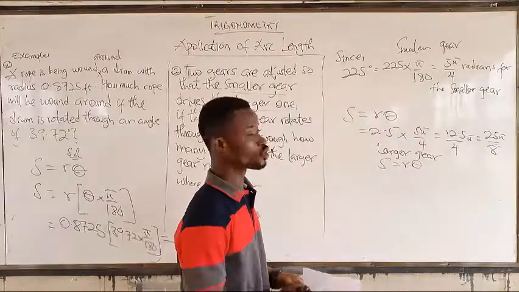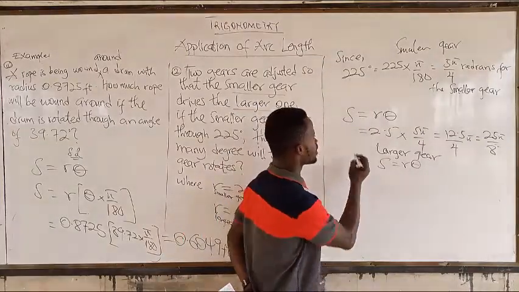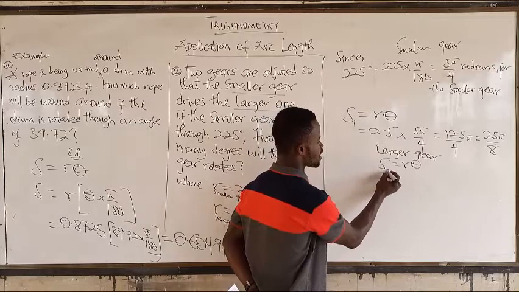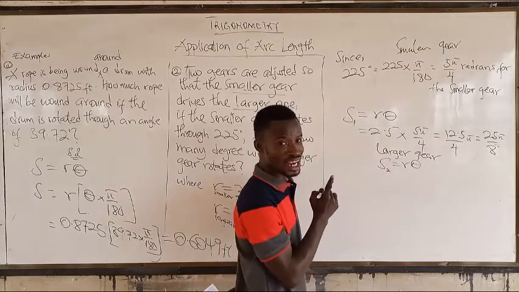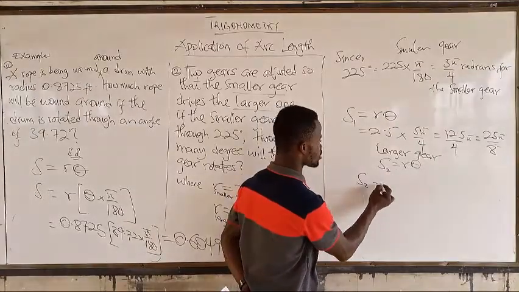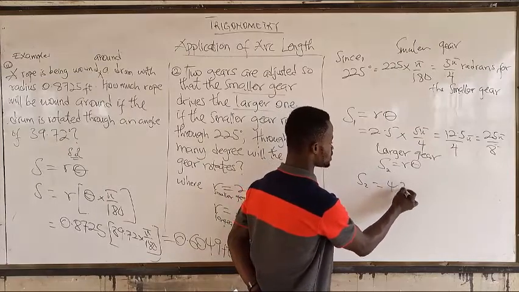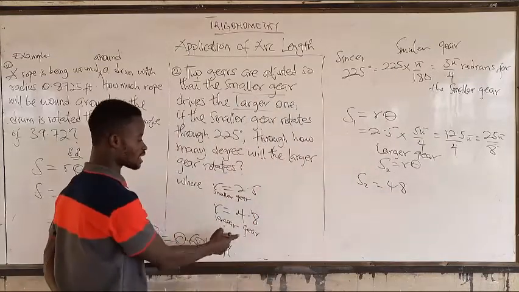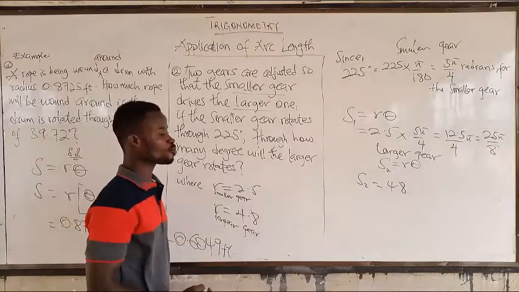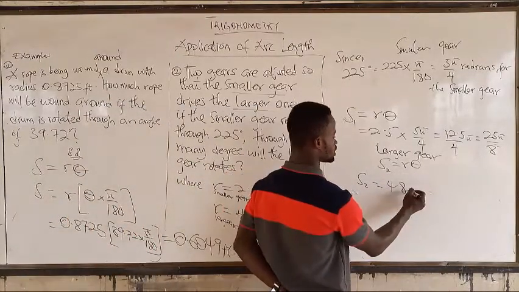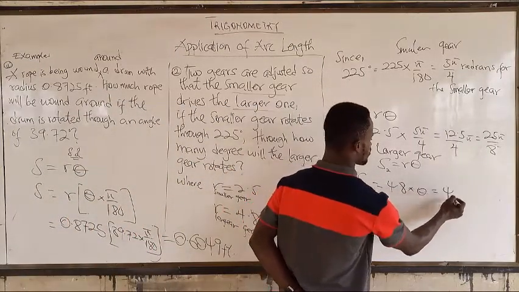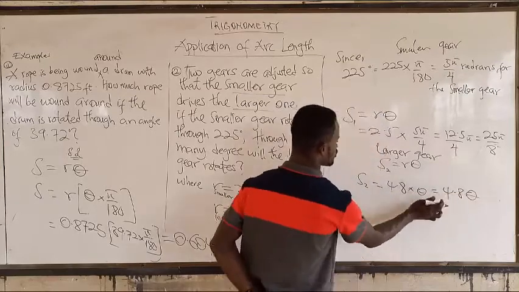Okay. So for the larger gear, let me name here S1, here S2. Alright. So for the larger gear, S2 is going to be equal to 4.8 times theta. We know that for the larger gear, the radius is 4.8, but we don't know theta, so it's 4.8 theta. So we don't know that.